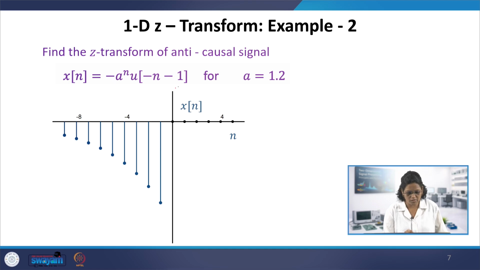This represents a sequence existing from minus infinity to minus 1. For this anticausal sequence, where n is less than 0, what is the region of convergence?